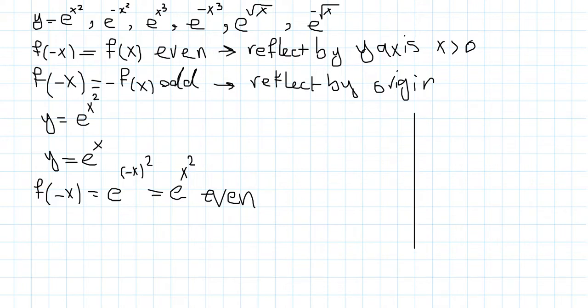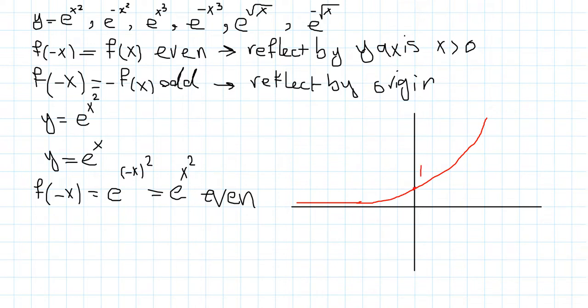This is my axis. At first I remember how to draw the graph of y equals x squared. Now let's draw it. It passes through 1.